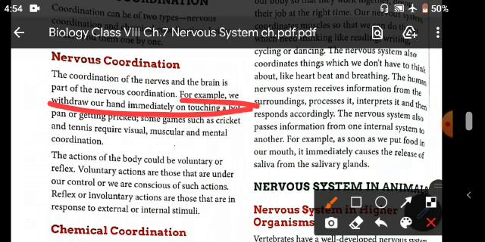Why? The action of the body could be voluntary or reflex. When the plate is hot and you touch it, due to coordination you remove your hand at that time.